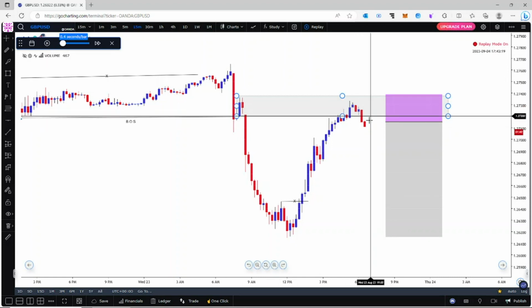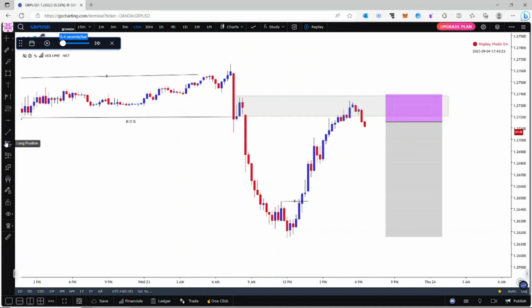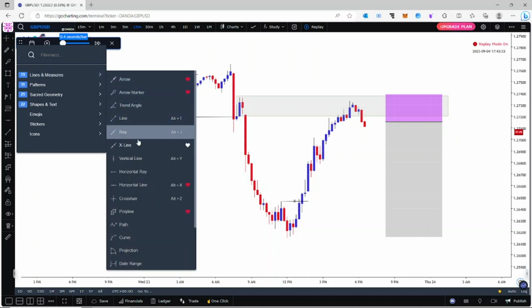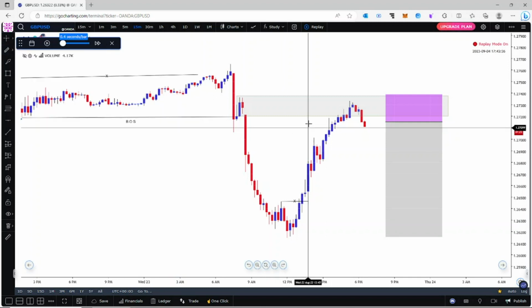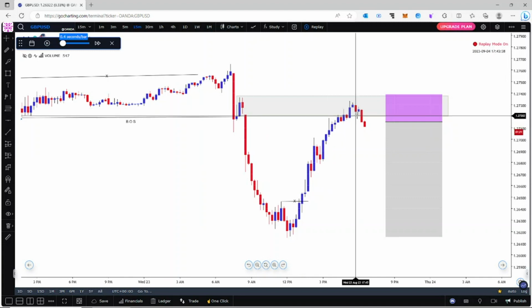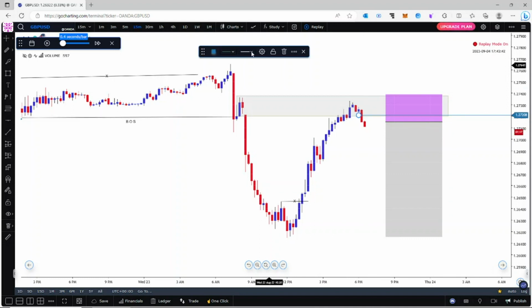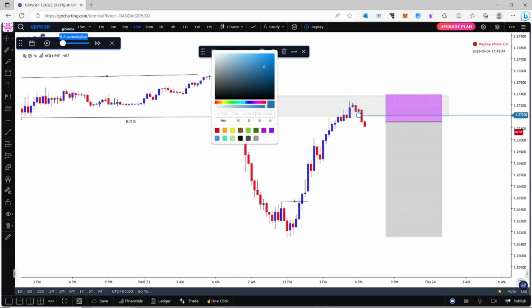We can wait for a short pullback because this is an engulfing pattern. Let's wait for at least an engulfing pullback to this point here.